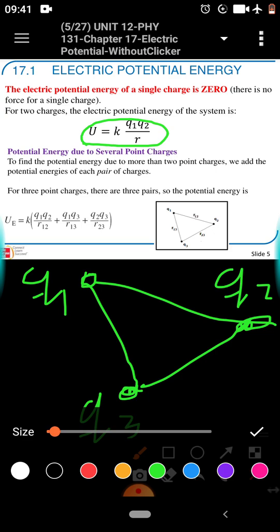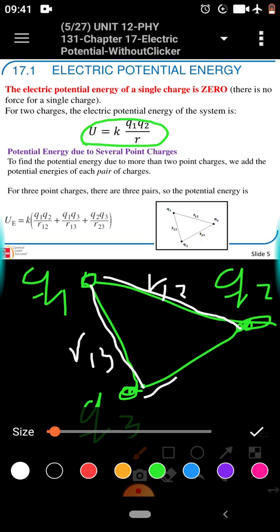The first pair will be this one, with a radius of r13. Then you can also pair these two, so you will have r12, and also pair these two, so here you have r32.